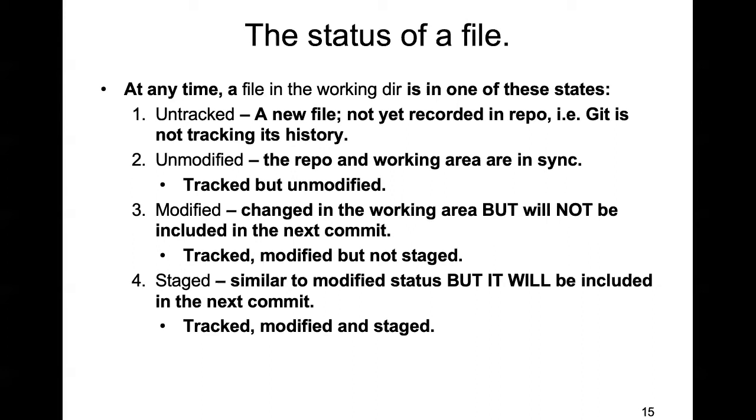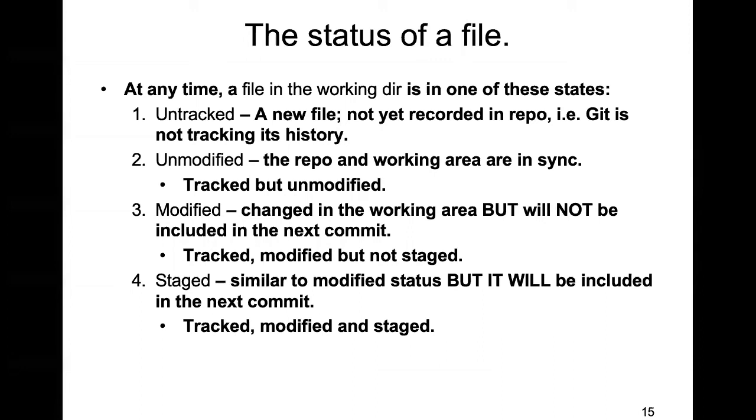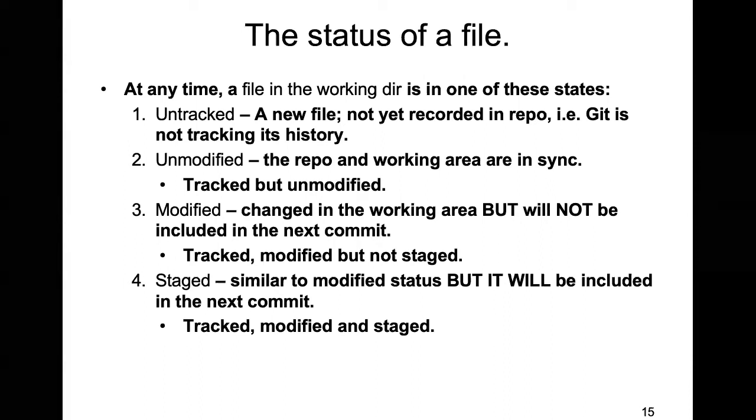Number 1, a file in your working directory could be in an untracked state. What that means is that you've created a new file. You're in the middle of your development now. You've done a number of commits to the repository, and in the middle of your development, you create a completely new file. Now, Git doesn't know anything about that file so far because it has no previous record of it.